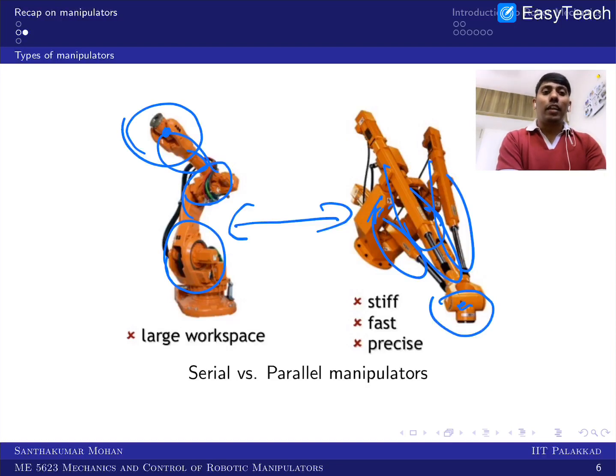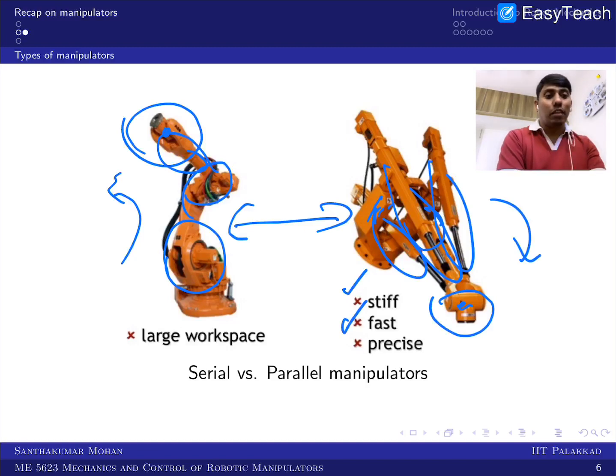But last class we saw a funny example I gave of a tennis player playing a backhand and a forehand. The same thing: this is equivalent to a forehand, this is equivalent to a backhand. The backhand would definitely give a stiffer structure, which means you can carry more payload, very rigid, and it provides fastness.